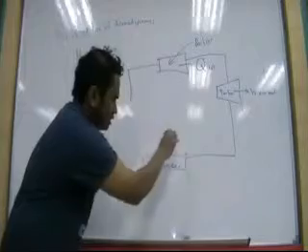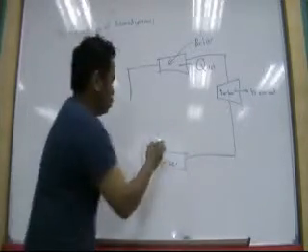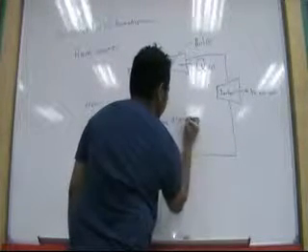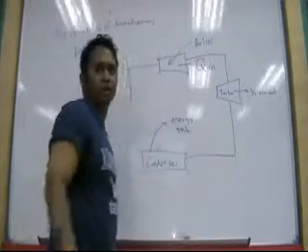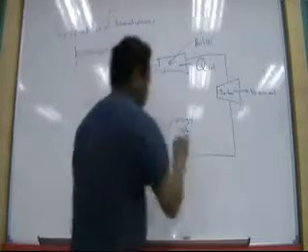The rectangular shape that I draw means the condenser, where the energy sink occurs.